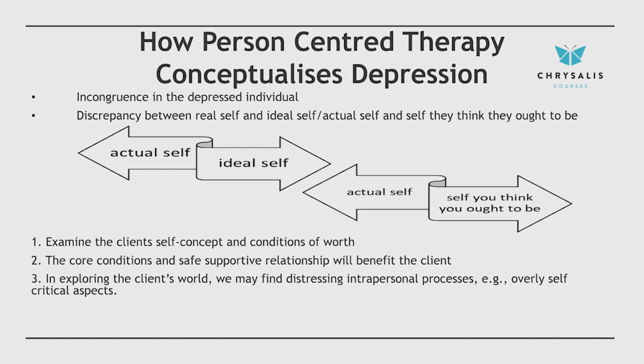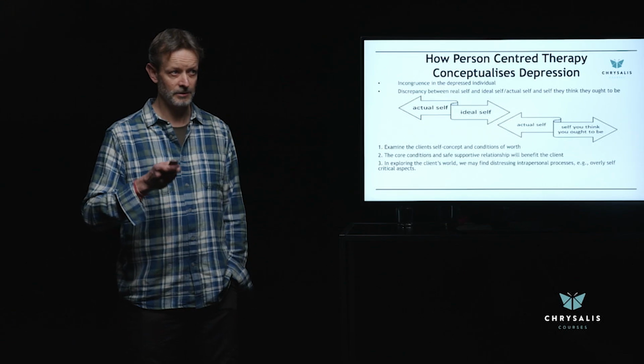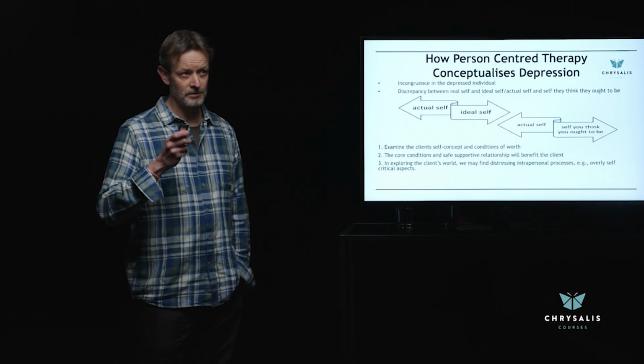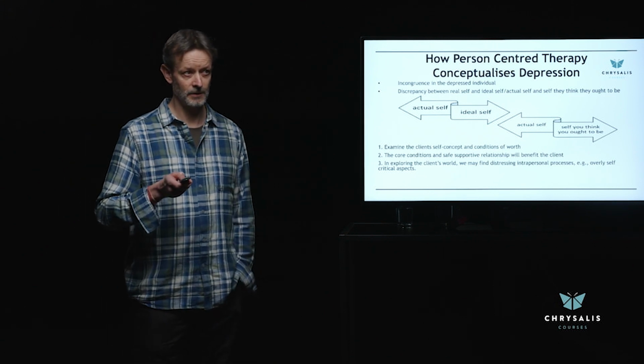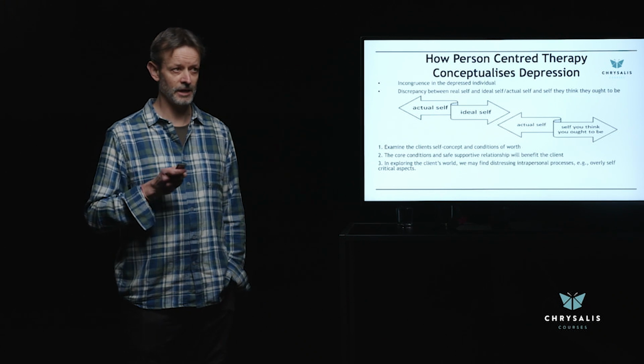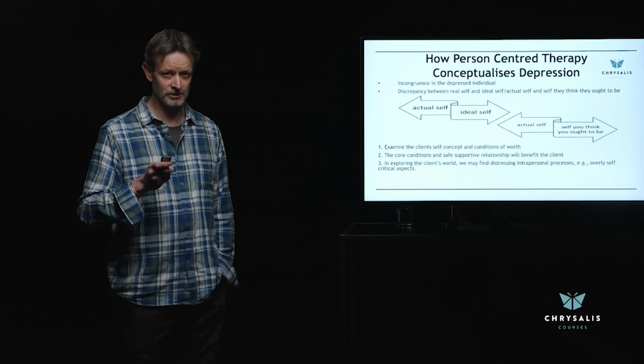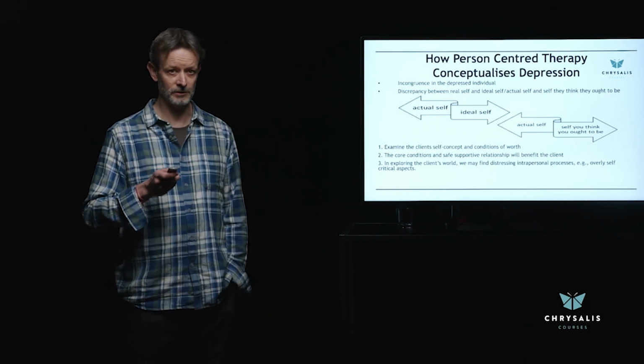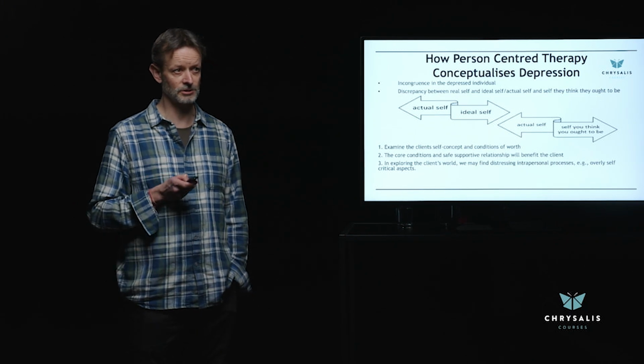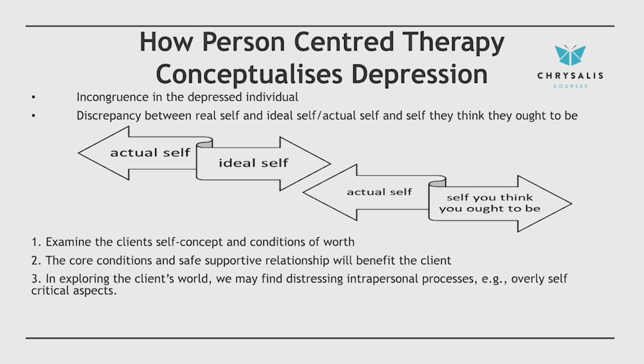And it's very important to try and get a picture into the client's awareness of what they see as their actual self, the depressed self, the self they would want to be, the ideal self, and what that actually looks like in terms of not just cognitions, but also behaviours and attitudes and interactions with people in the world.